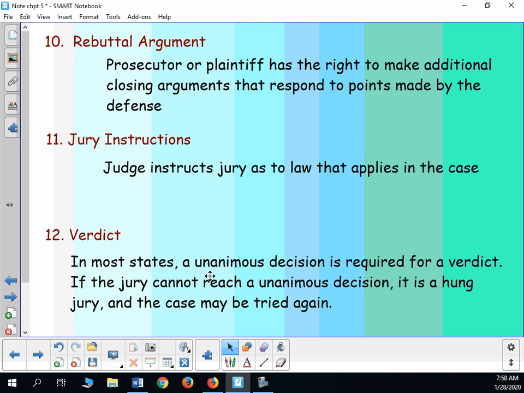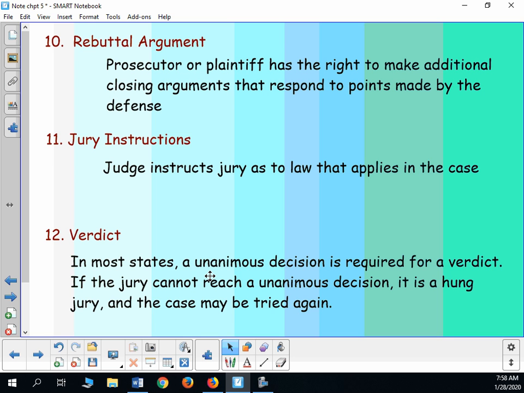There are not many instructions for the jury. The jury really has to work out the process on how they make the decision. And my hope is that we will be seeing a video on this when I get back, which shows how the process works out.